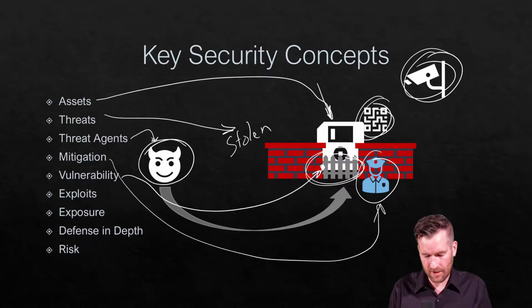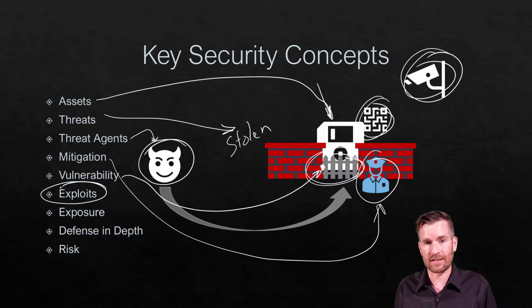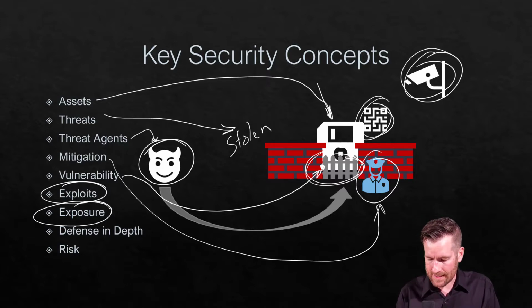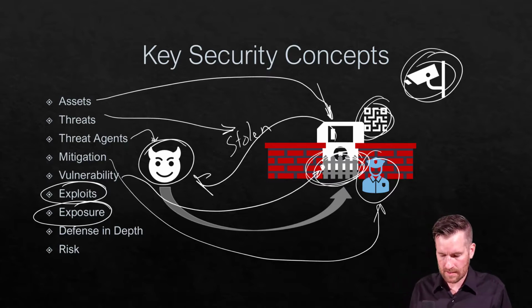If we were to leverage that vulnerability, that means that we're exploiting that vulnerability. So we're exploiting the vulnerability so that way we can hack this. If for some reason data gets out and this information is stolen, that's an exposure. Or if somebody leaves the gate open, that's an exposure. So we expose the data to the outside world.